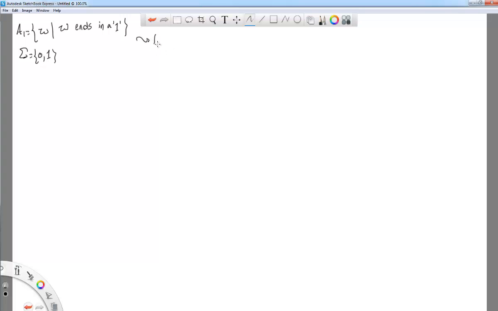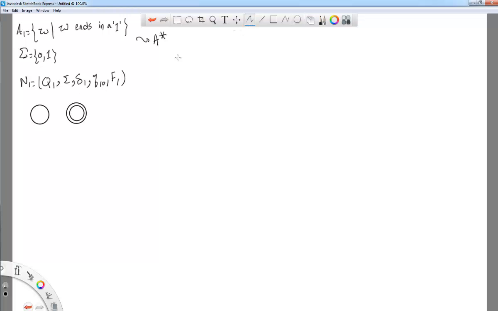So how are we going to do that? Obviously, we use the construction that we saw in the proof. So we suppose that there's an N sub 1 with Q sub 1, sigma, delta sub 1, q sub 1 0, and F sub 1. That machine is a fairly straightforward machine that has two states.